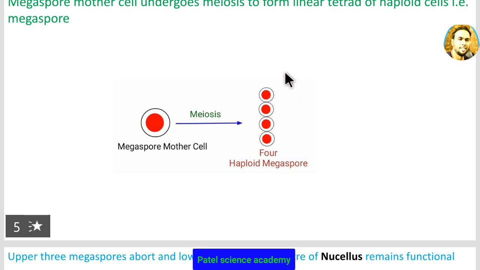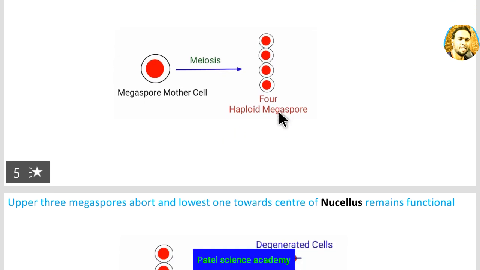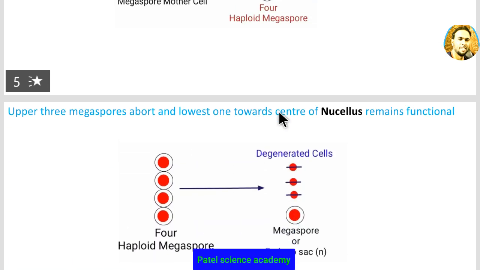As you can see, this is a linear arrangement, and it is called a linear tetrad because tetra means 4, and there are 4 megaspores which are haploid in number because they are produced by meiosis, the reduction division, from the megaspore mother cell which is diploid.